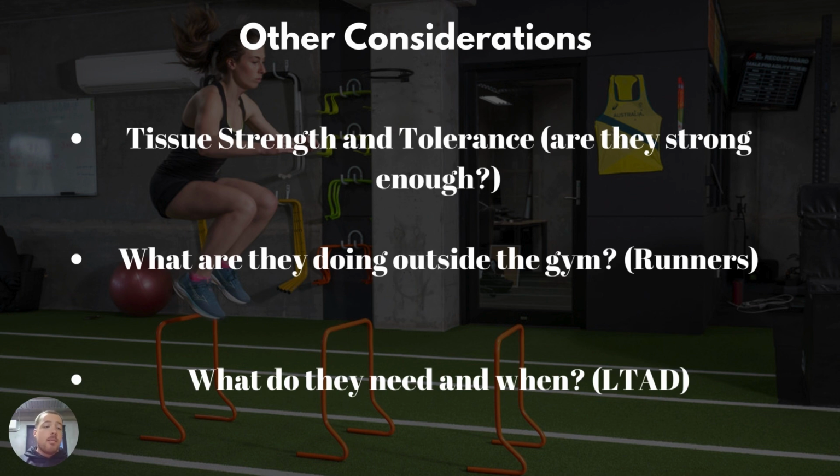So if you test them and say you're doing any calf isometric tests, endurance training, or just getting a good measure of what their calf strength is, they might not even be strong enough to tolerate plyometric training or strong enough to produce enough force for a good stiffness plyometric. So you kind of have to balance both sides, that you can see them go through these tests on the plyos, and that will tell you a lot about them, but you've got to make sure you're aware of their actual tissue strength as well.